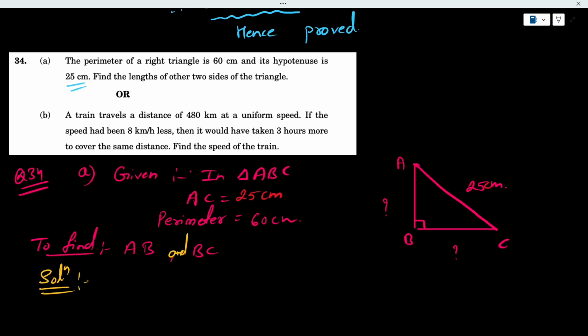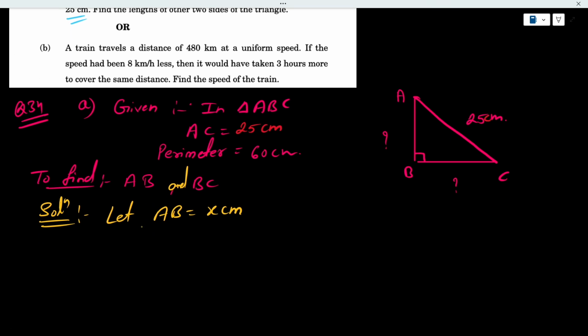Solution: first thing we have to use the perimeter. Let AB be equal to x centimeter, right? So what is going to be the length of BC in terms of x? You know that AB plus BC plus AC is equal to 60 centimeter. We can't take two variables, so just try to use one variable, because with the Pythagoras theorem you will get a quadratic equation.